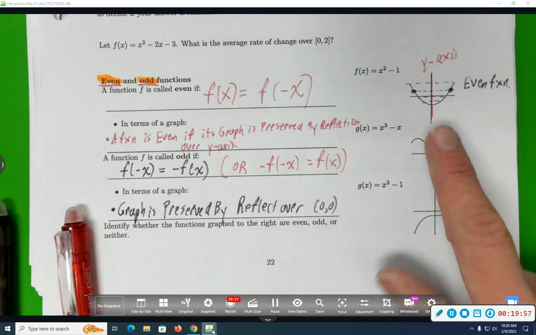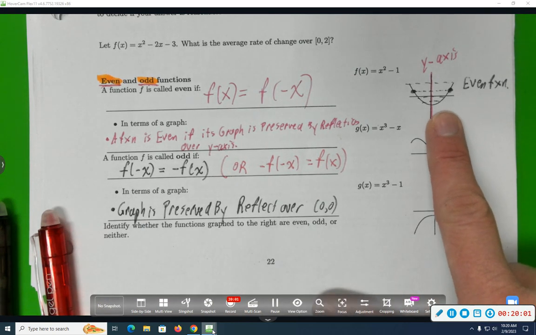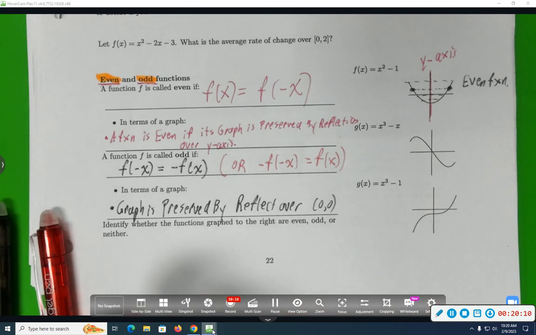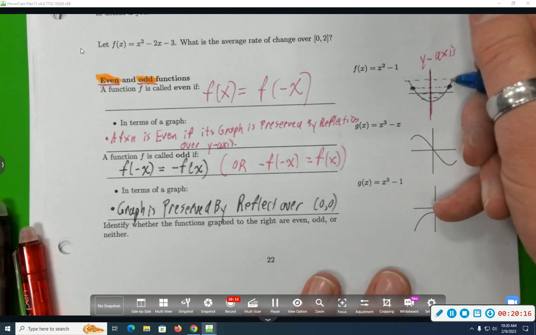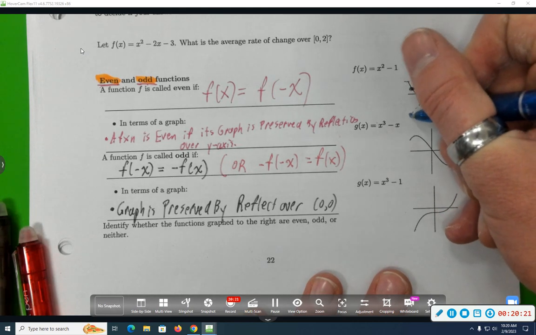Alright, so let's check these things for whether they're even or odd. Let's start with this one. If you take this graph and reflect it over the origin, do you get the exact same graph back? Let's check. I'll draw a point on this graph in blue, reflect it over the origin and land down there.